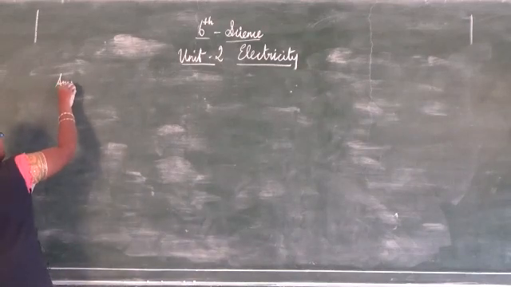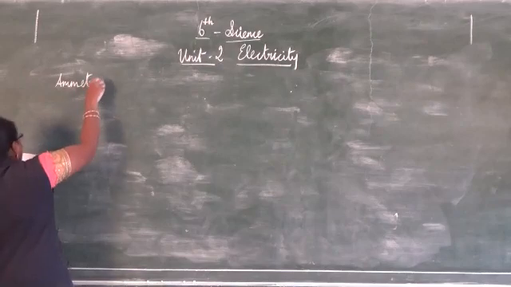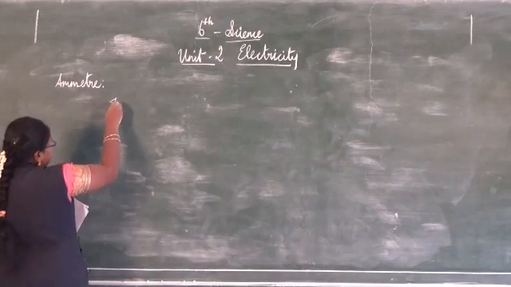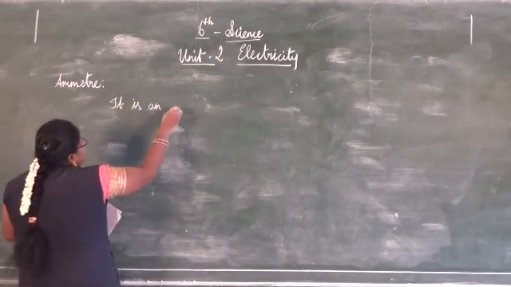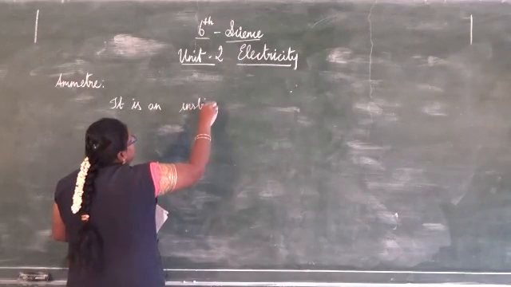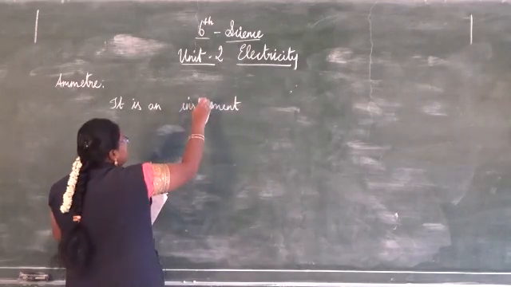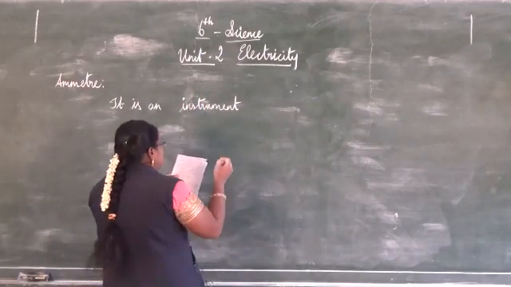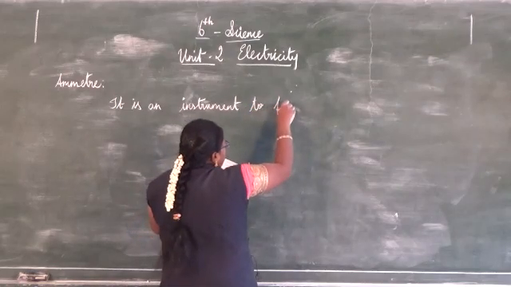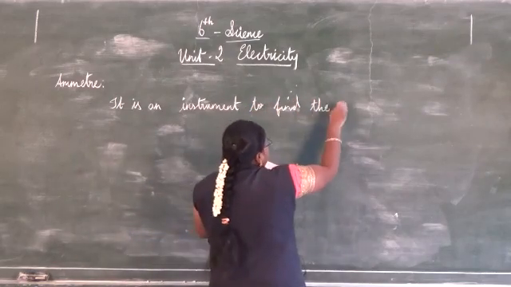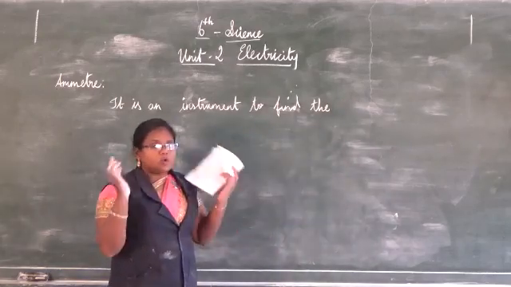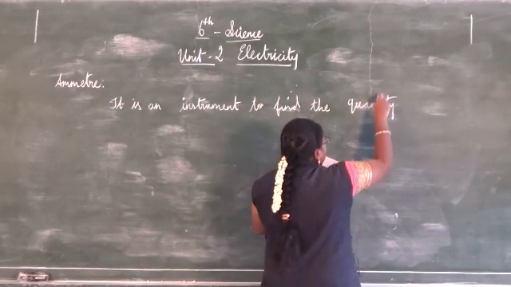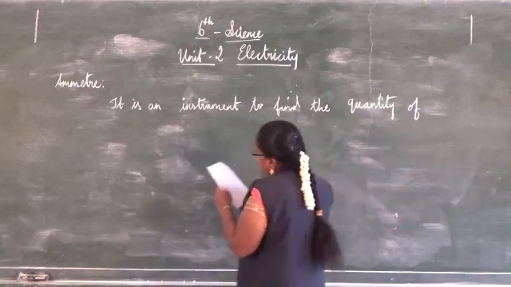The ammeter is an instrument to find the quantity, how much amount of current is flowing through.